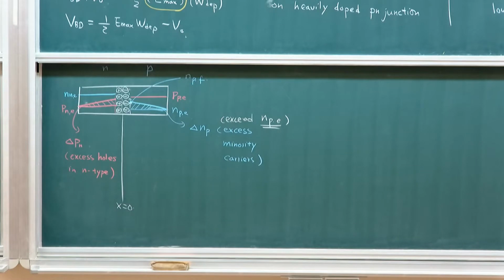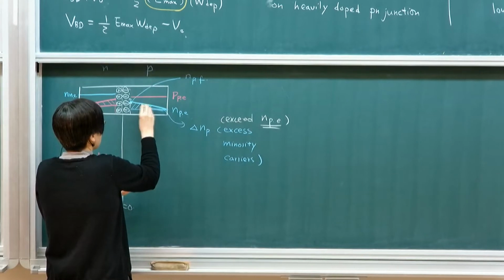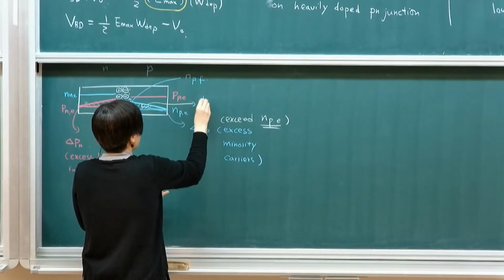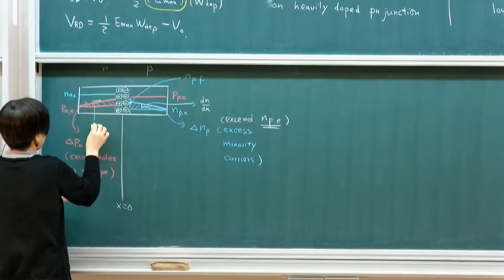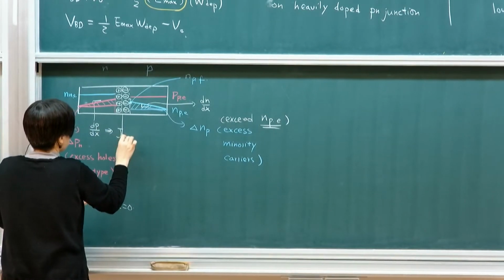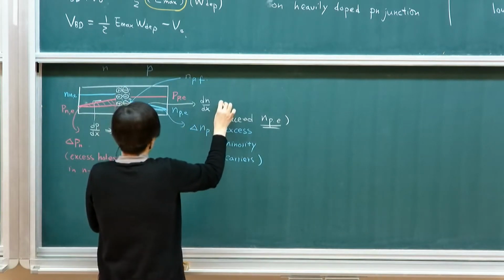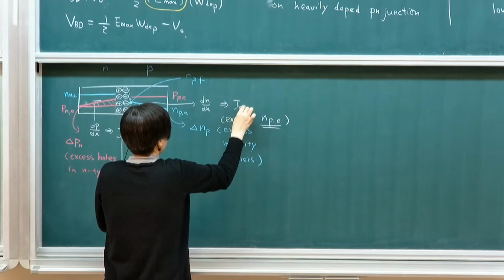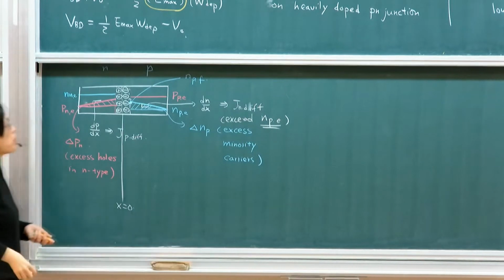To analyze, because I'm allowing diffusion, this profile, this slope, we expect a dn/dx and a dp/dx, which would lead to diffusion. This will then lead to Jn diffusion, and these two add up to be our current.